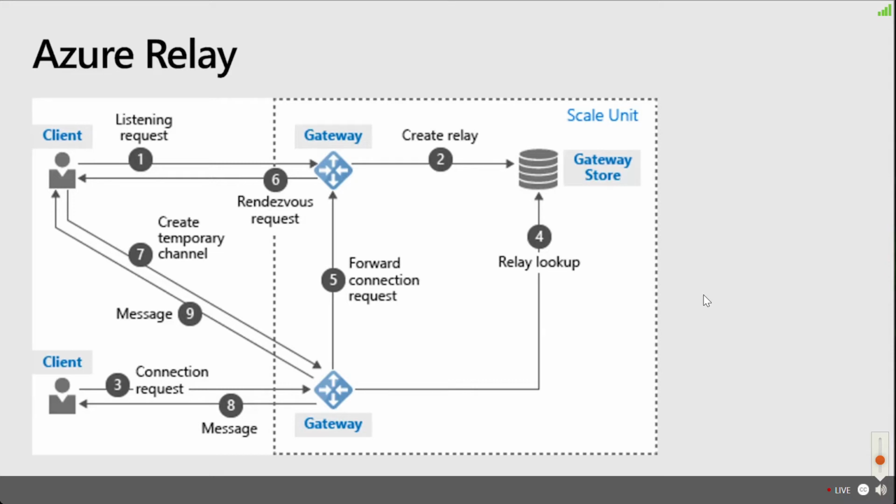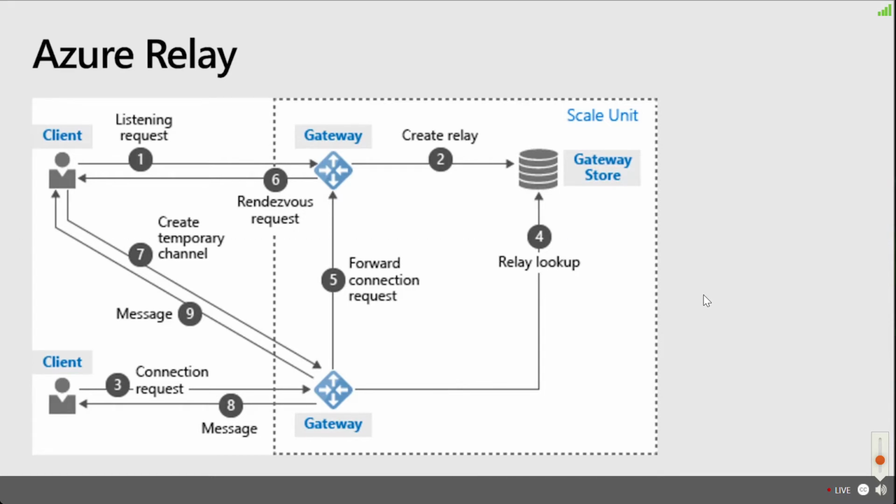In step three, the sending client sends a request to connect to the listening service. In step four, the gateway that receives the request looks up the relay in the gateway store. In step five, the gateway forwards the connection request to the right gateway mentioned in the gateway store.